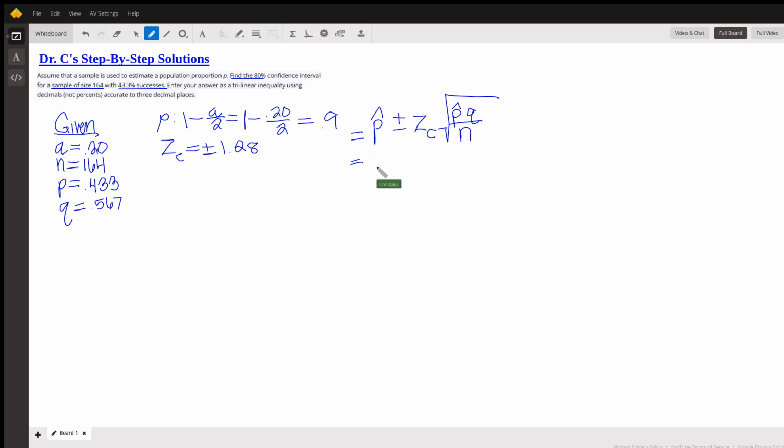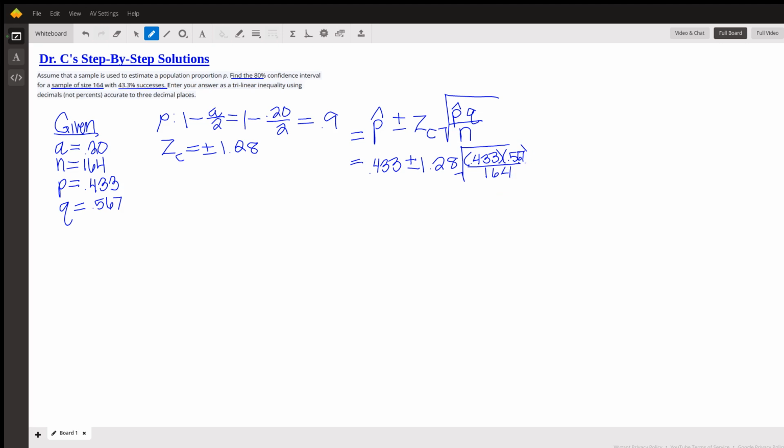So we're just going to plug in the values. P hat is 0.433 plus or minus Z critical 1.28 times the square root of 0.433 times 0.567 over 164.